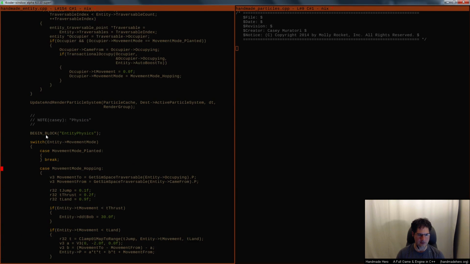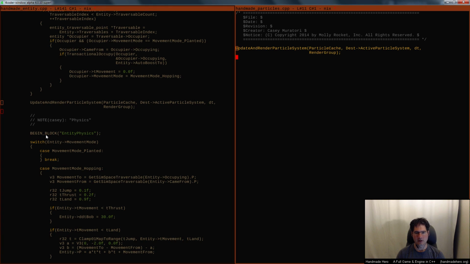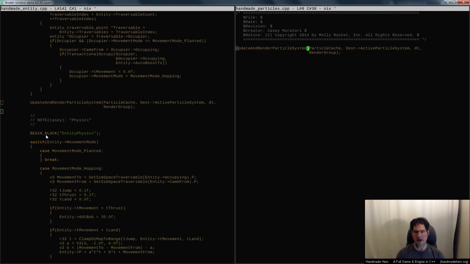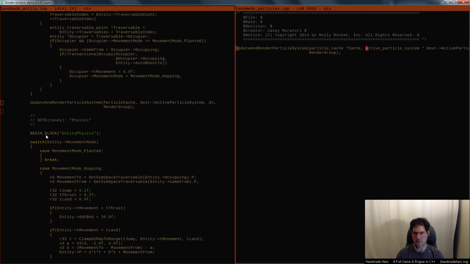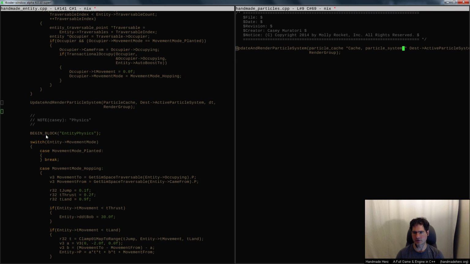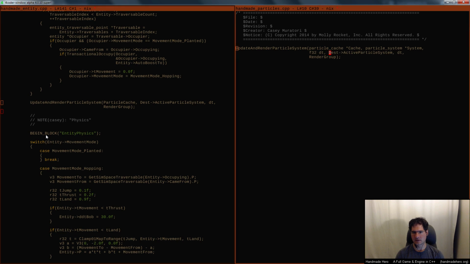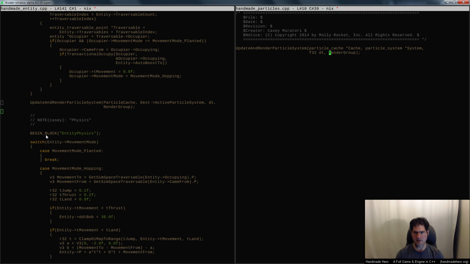Where's the rest of my stuff? Here it is. So I know I'm going to have one of these, and I know what it takes. So this is an active particle system, we just call it a particle system. We have the DT, and we have the render group.